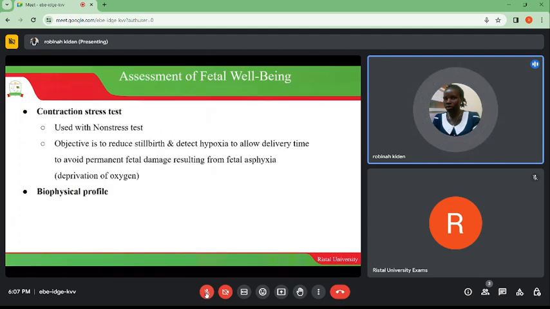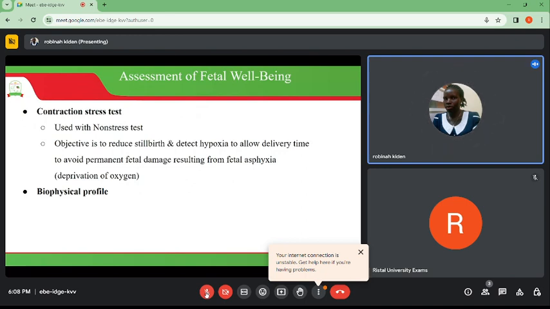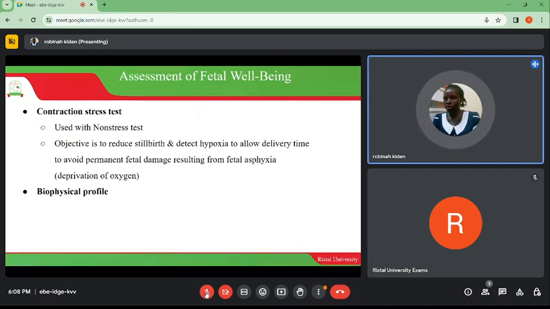Then we have the contraction stress test. This one is used with the non-stress test, and the objective is to reduce stillbirth and detect hypoxia to allow delivery before damage resulting from fetal asphyxia or deprivation of oxygen.